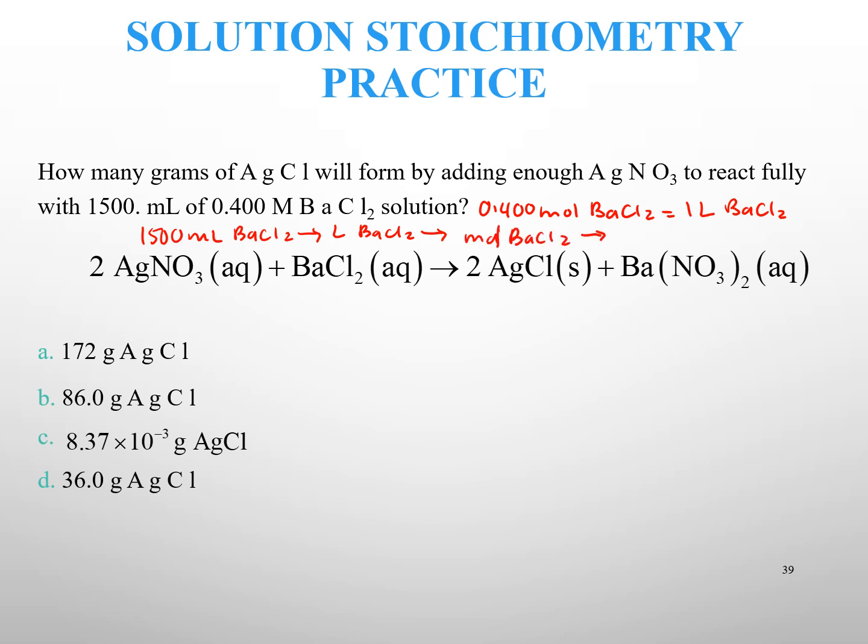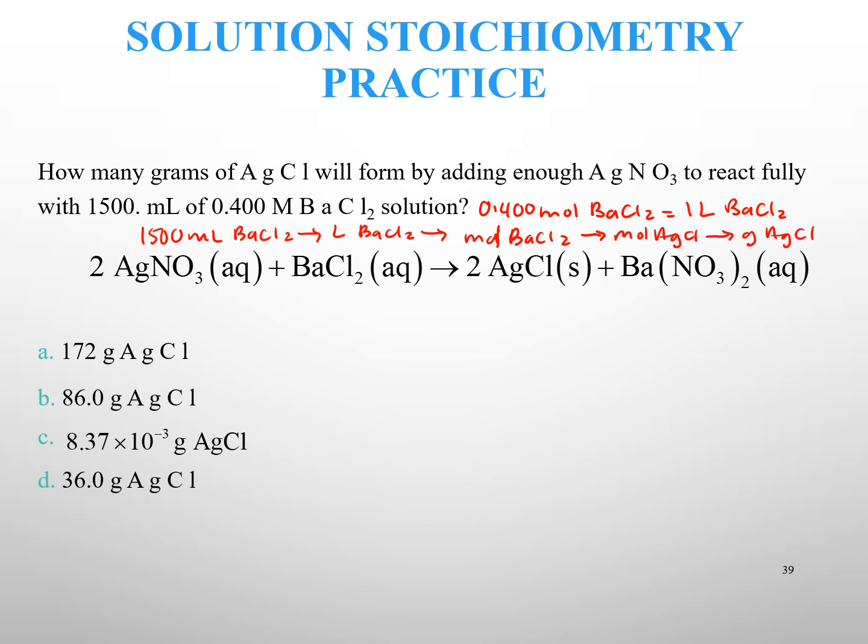And then we'll do the mole-to-mole ratio. The mole-to-mole ratio is 1 mole of BaCl2 to 2 moles of AgCl. You get it to go to moles of AgCl.